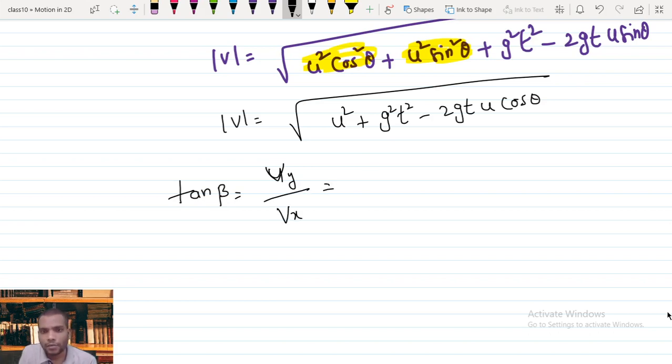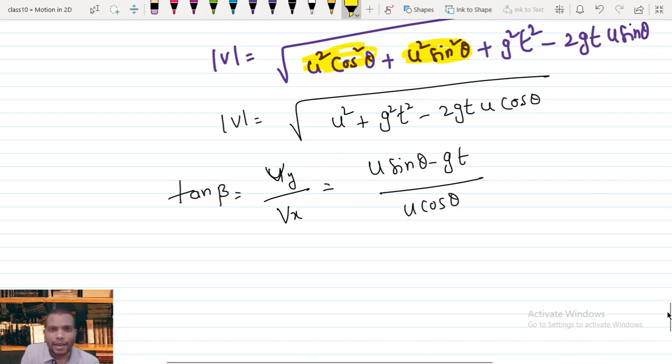So the velocity y component we got is u sin theta minus gt, upon the x component u cos theta. So the angle at any location depends upon the initial angle and initial velocity. Here g is acceleration due to gravity, and t is the time of flight.